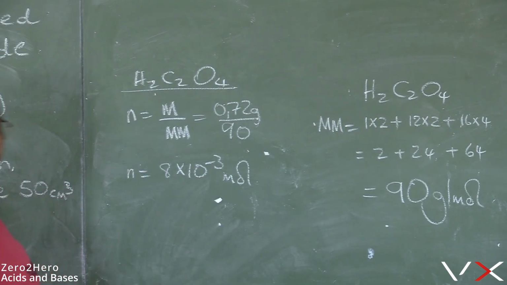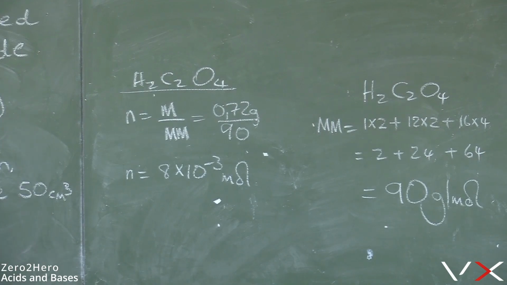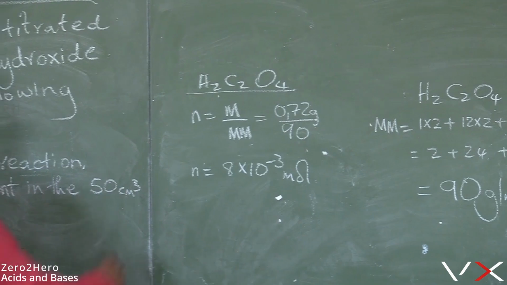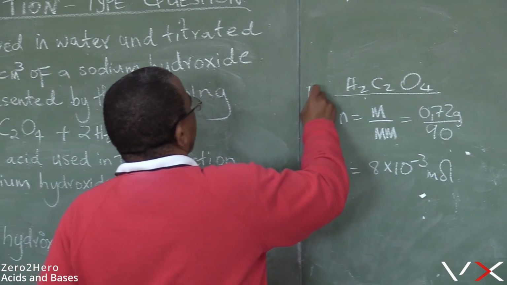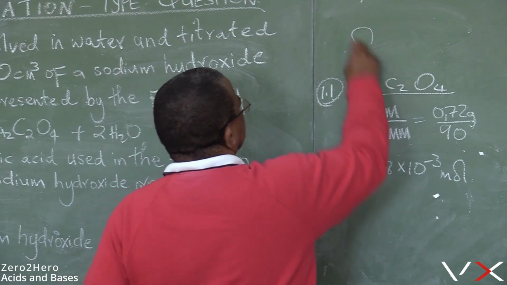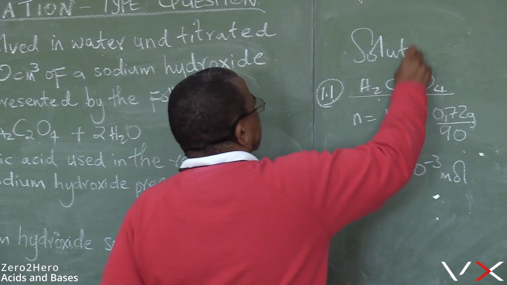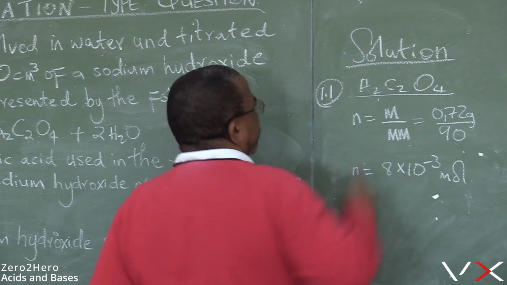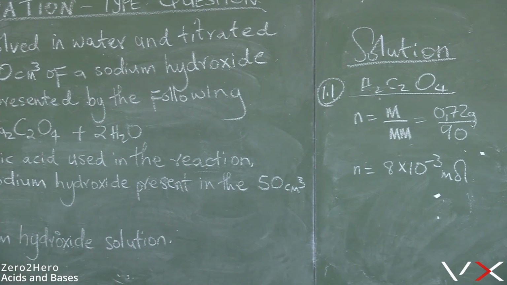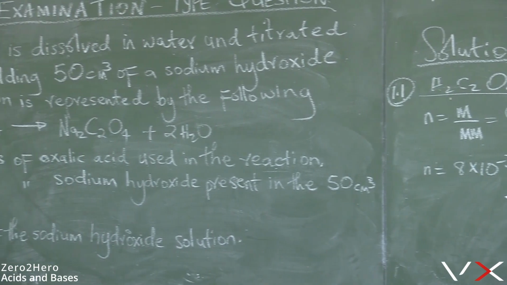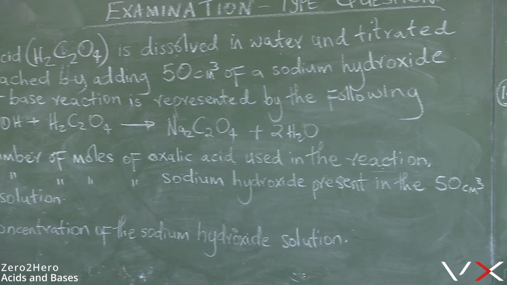These are the number of moles that are in oxalic acid that were used for, this is 1.1. Sengathi mina solution to the problem. So we get the solution to the problem. Then we have this number of moles that are used in the reaction.